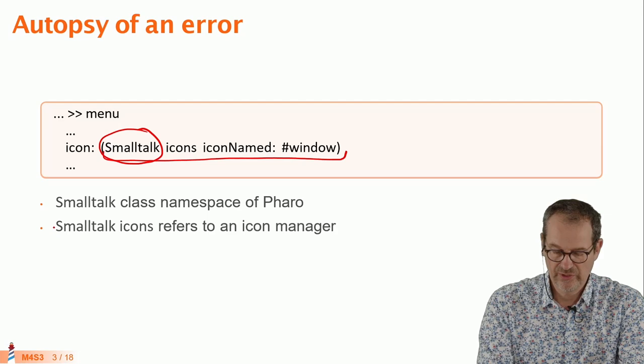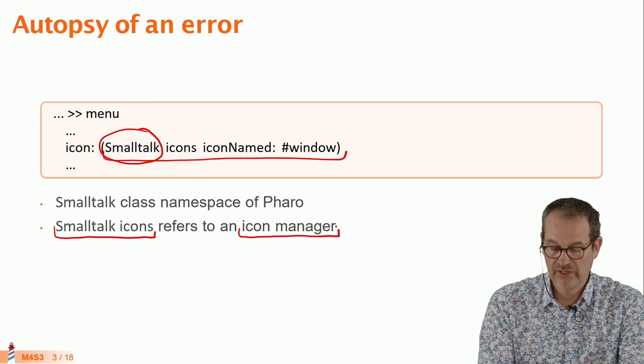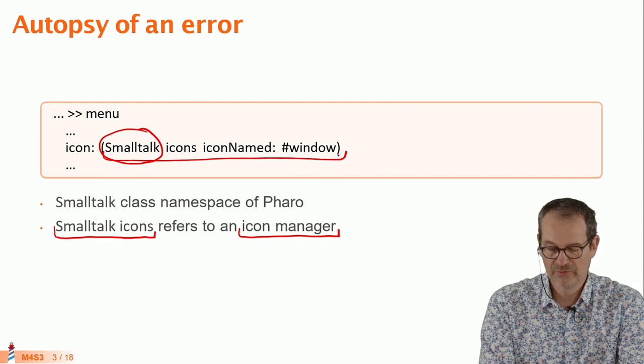So here, the expression Smalltalk icons refers to an icon manager. And here the code means, okay, global icon manager, please give me the icon named window. I'm stressing the fact that this is a global variable. Normally, you just read it like that.